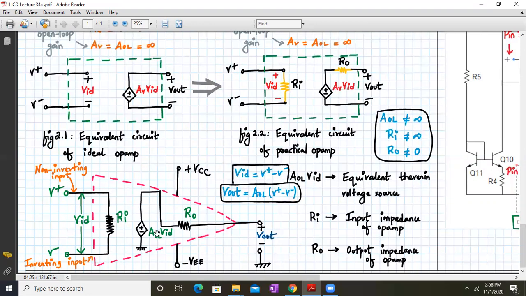Then we have a voltage dependent voltage source, that is AOL into VID, and we have a finite value of Ro, which is then connected to the output terminal. And we have connected the power supply terminals VCC and VEE, without which the op-amp will not work. So this is the more systematic equivalent circuit for a practical op-amp.